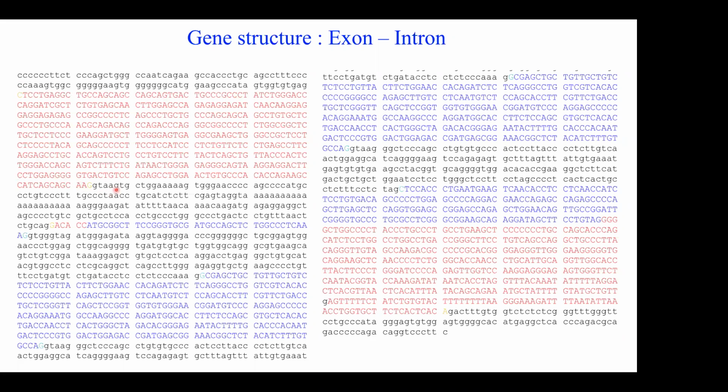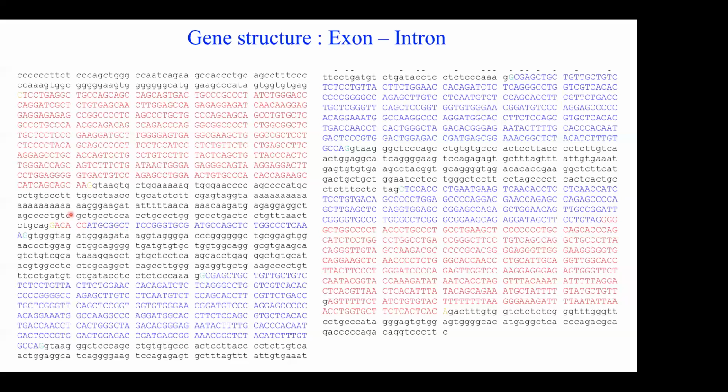Then the black region is the intronic region. This is the second exon. Even though it is an untranslated region, it is considered exon 1. This is exon 2, where you see the ATG, and from here the coding region starts.